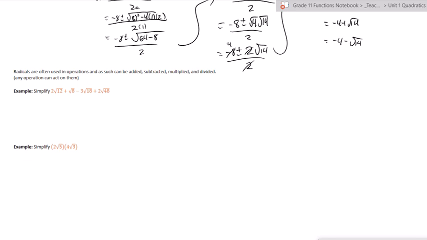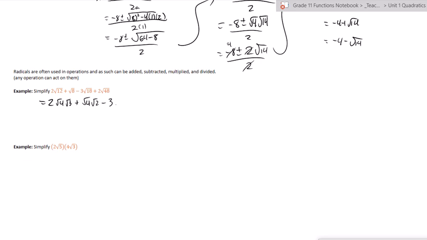So when we're working with these kinds of radicals, we need to get them in the fully simplified form first. So we have 2 root 12. That's going to be a root 4. No, let me do root 3 first. Plus root 8. Root 8 is root 4 times root 2. Minus 3 root 18.